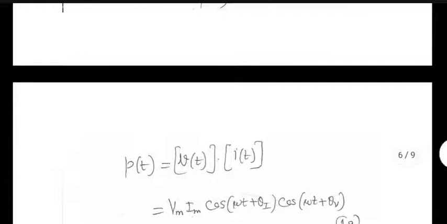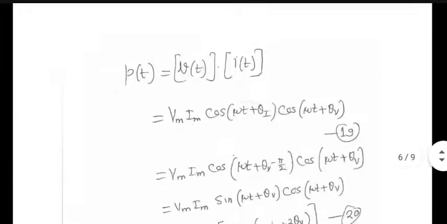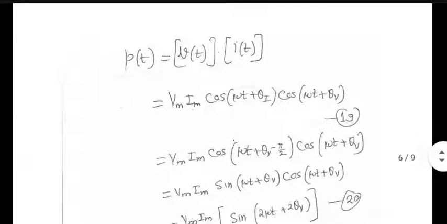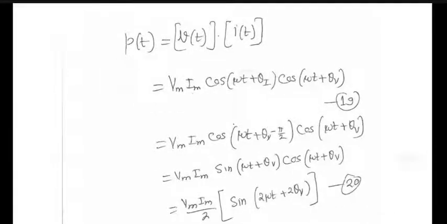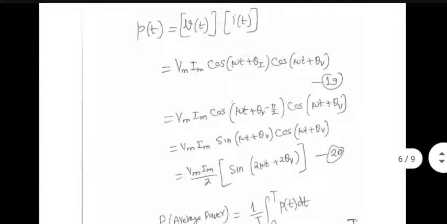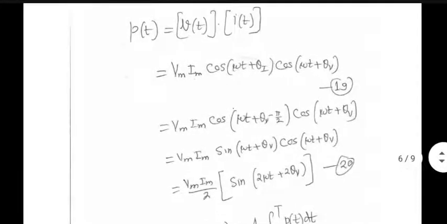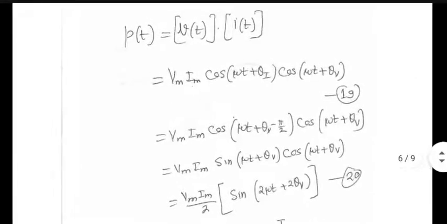Now take the instantaneous power again, do the math. Now interestingly, you see no constant term in the instantaneous power also. It's all oscillating, and of course at a frequency double the frequency of the input voltage. In this case, there is no term in the instantaneous power which is constant with time.